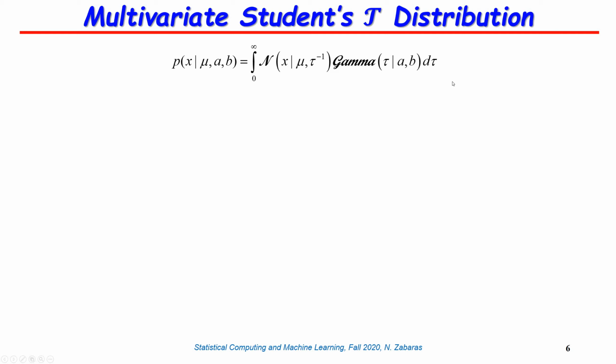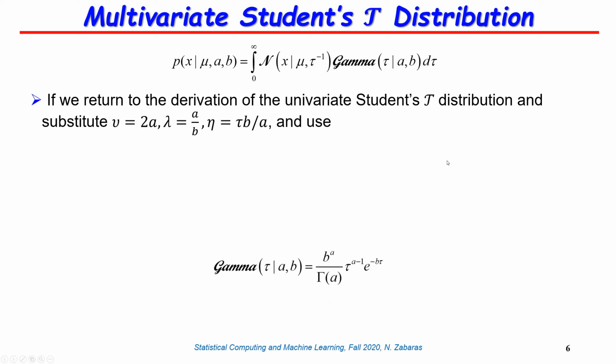So what we will do is try to rewrite this equation where we write the covariance matrix as some scalar times a matrix, where the matrix is going to be fixed, and that scalar is the one that we're going to sample from the gamma distribution. So we are going to be able to do this integration in a scalar variable, but produce a Student t distribution that is multivariate.